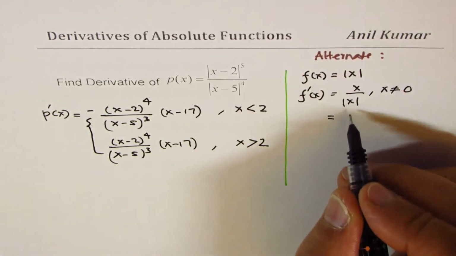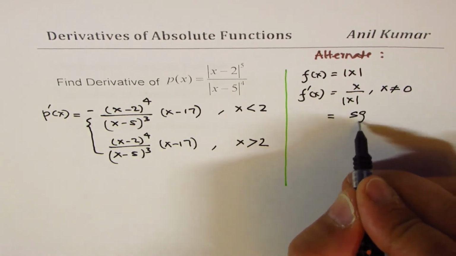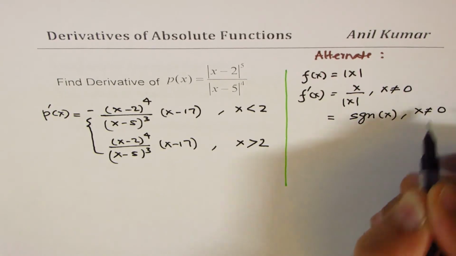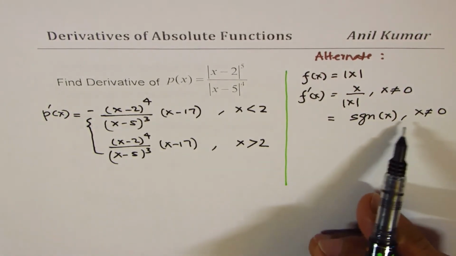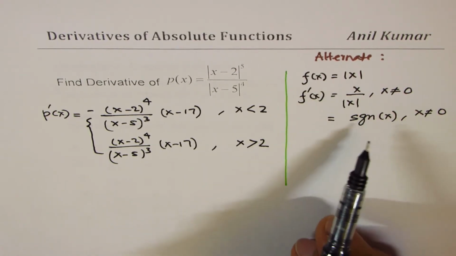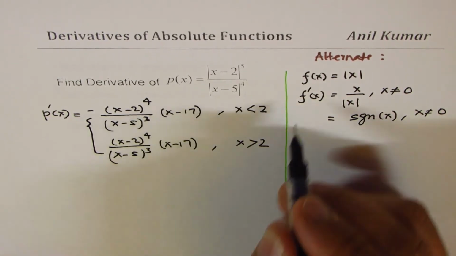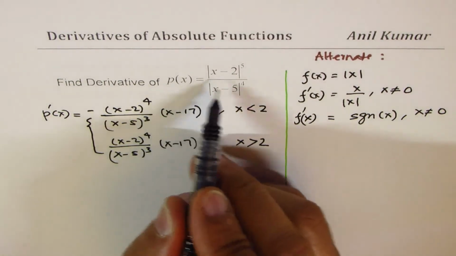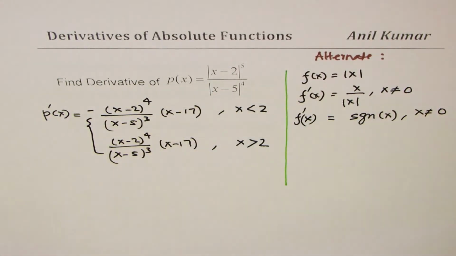And this could be written as signum x, correct? Where x is not equal to 0. Okay? So that is how you could actually write the derivative of your function. So using this rule, we could find the derivative and write an alternate solution.